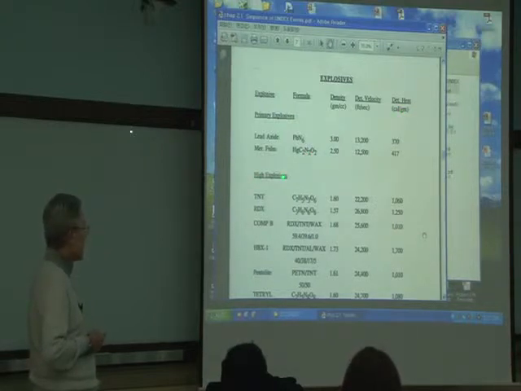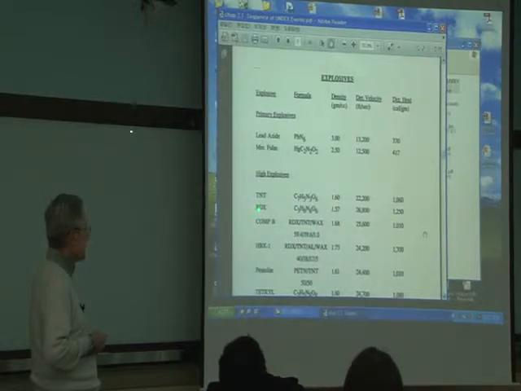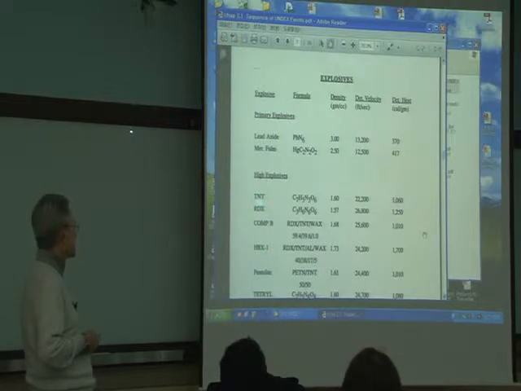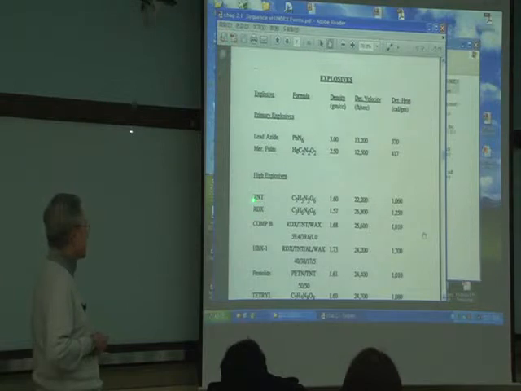But if you look at the high explosive or explosive mixture, a typical one is TNT. And there are RDX, COM-B, HBX1. TNT is used for the lab environment quite well.